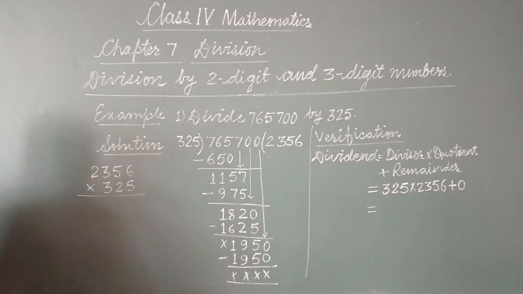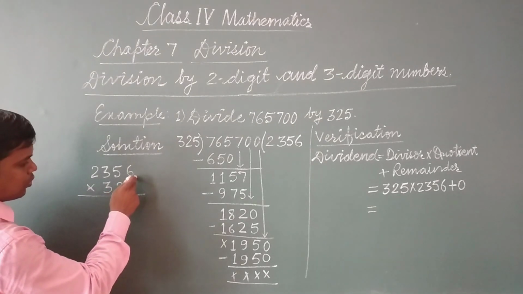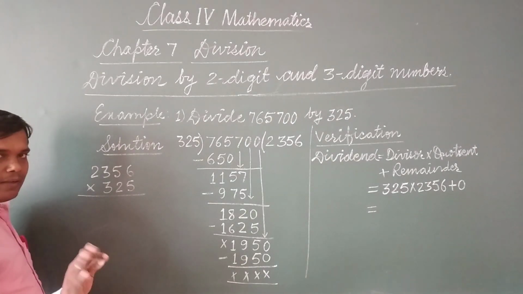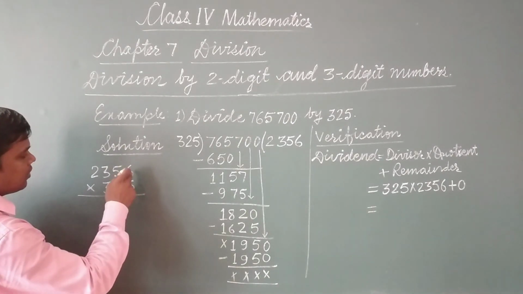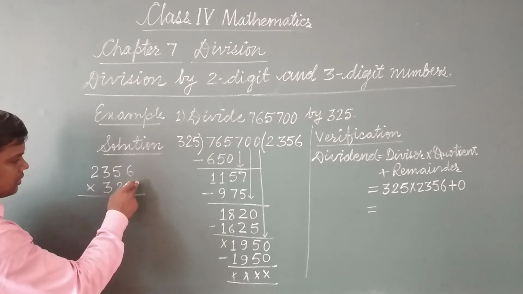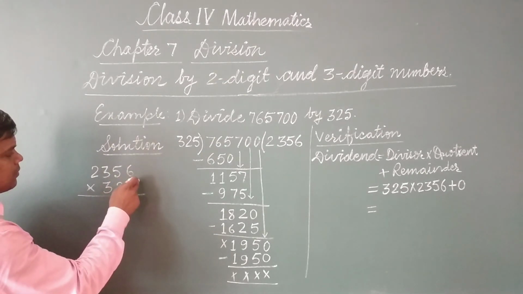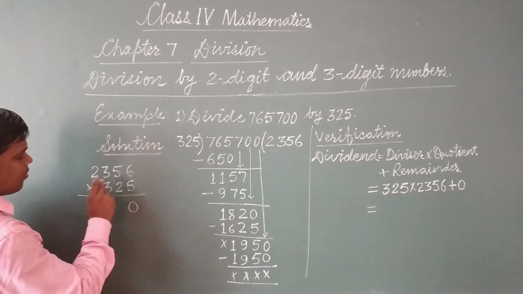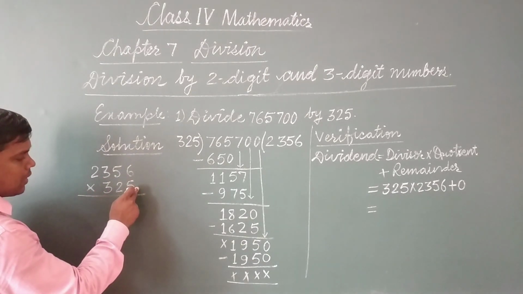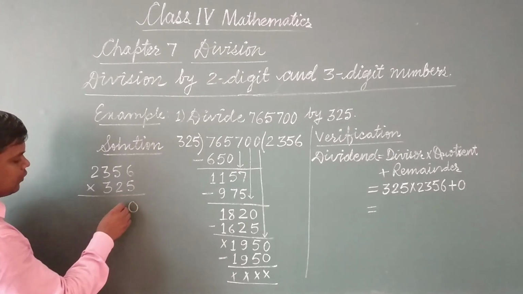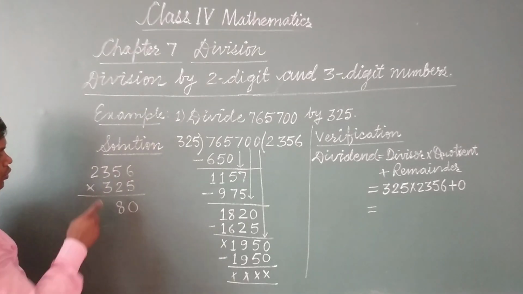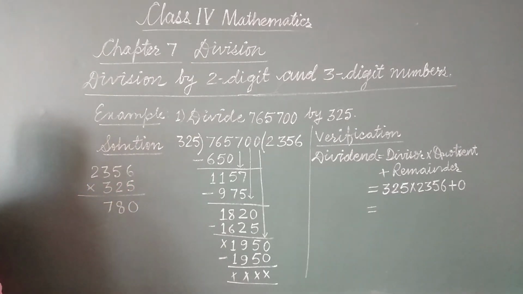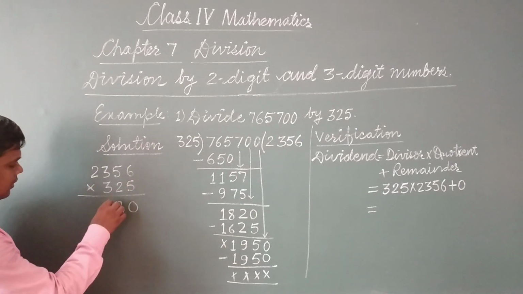First we multiply by 5. 6 fives are 30, 0 carry 3. 5 fives are 25 and 3, 28, carry 2. 3 fives are 15 and 2, 17, carry 1, and 2 fives are 10 and 1, 11.